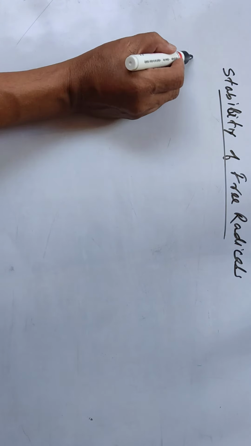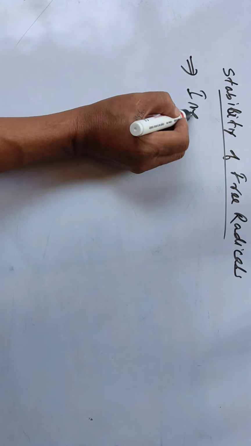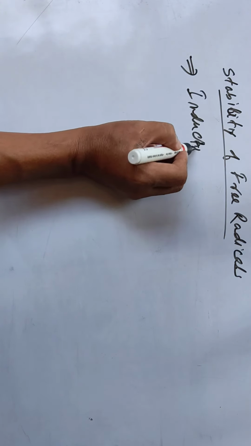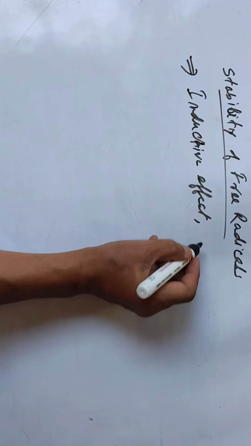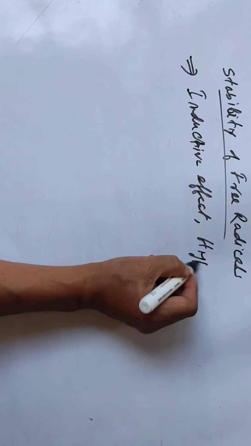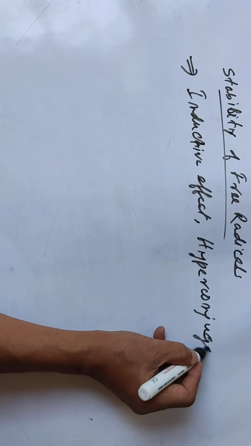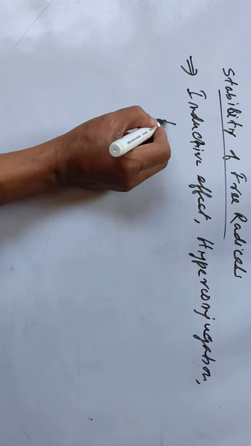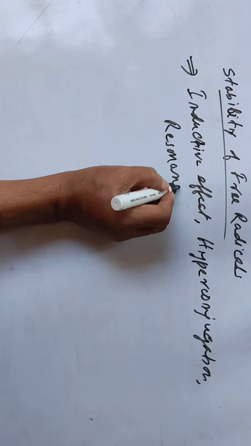The stability of radicals is almost similar to the stability of carbocations. So it depends on the inductive effect, the hyperconjugation effect, and another one is resonance, canonical structure resonance.